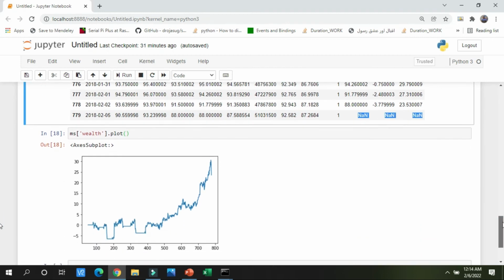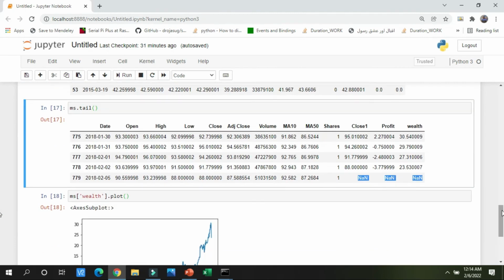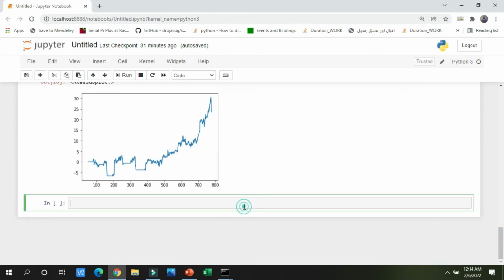So I want to calculate the money I have made at the end of my strategy, the total money I have won. How can I see it? Let me write it.